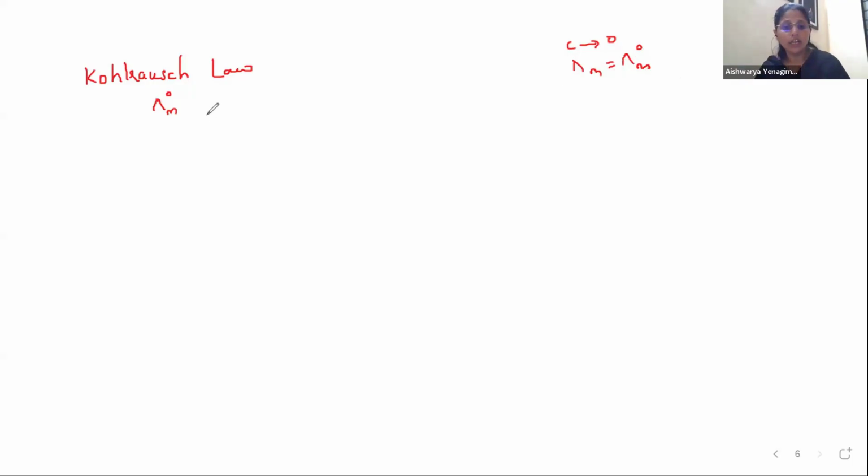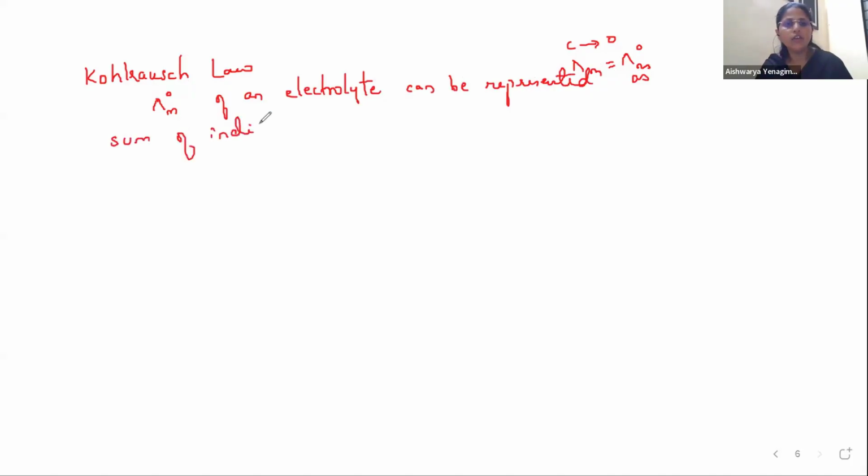Limiting molar conductivity of an electrolyte can be represented as the sum of individual contributions of the anions and cations of the electrolyte.